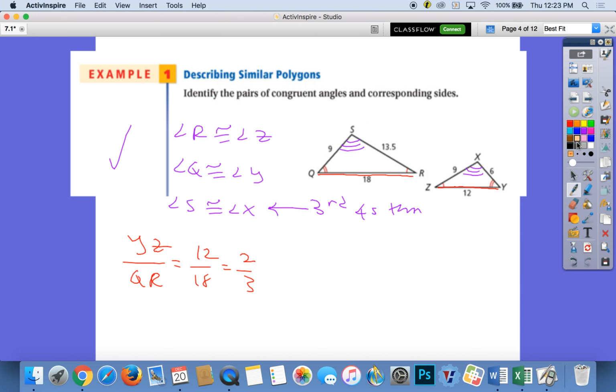So I have that XZ corresponds to SR. That's 9 over 13.5, and that also simplifies to 2 over 3. And then our final side is XY, in that order, and that corresponds to SQ.